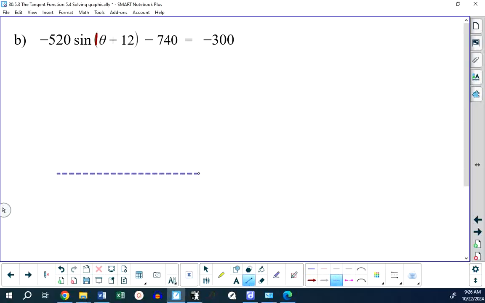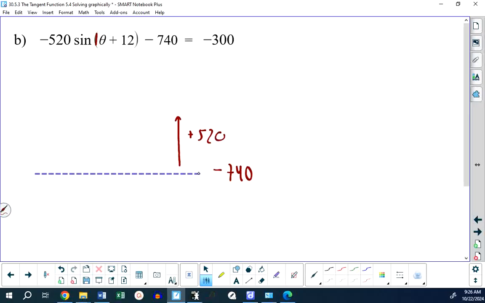I'm going to actually draw this for you. This is negative 740, and it goes up 520, and it goes down 520. Would you agree?